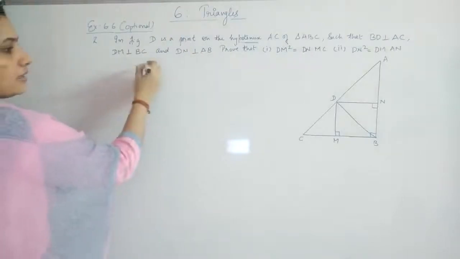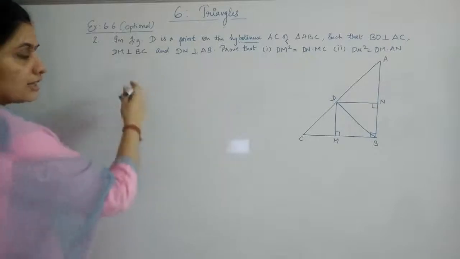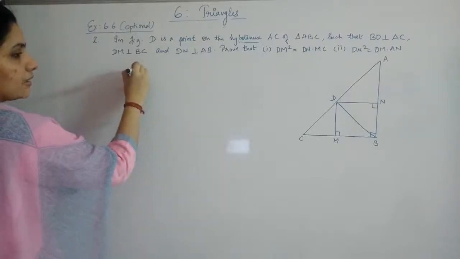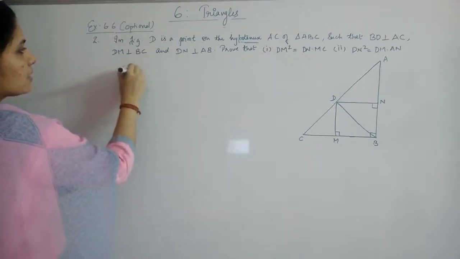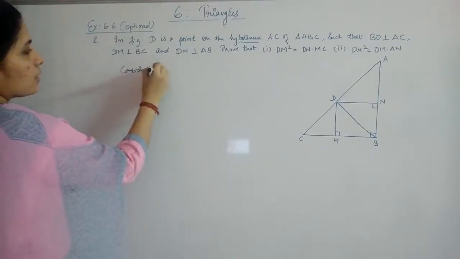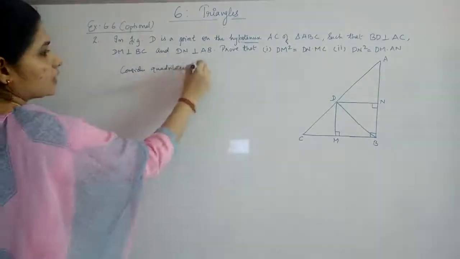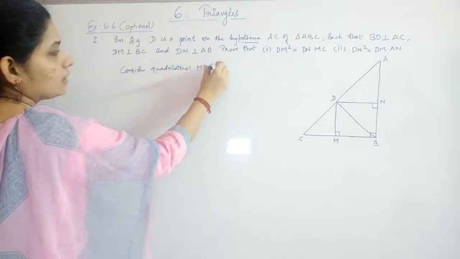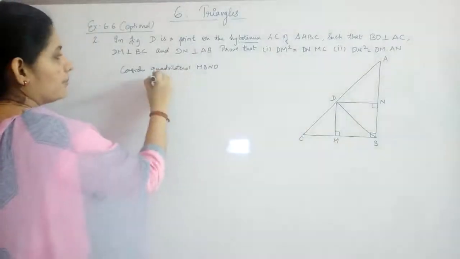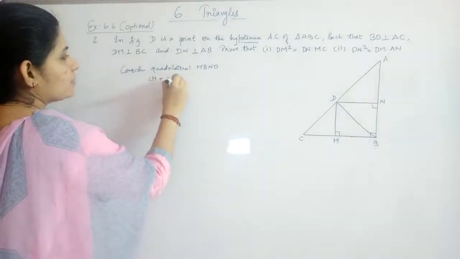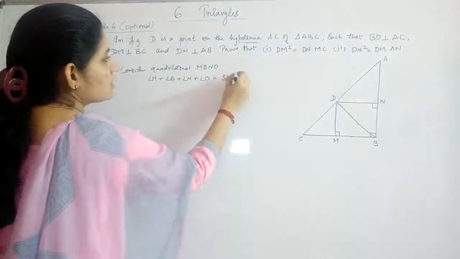Understood? So angle, if I'm referring it as angle N, angle M, angle D and angle B, I will just write angle M plus angle B. What I am considering is, consider the quadrilateral MBND. Okay, for this I can just write angle M, angle N like that. Angle M plus angle B plus angle N plus angle D will be 360 degree.